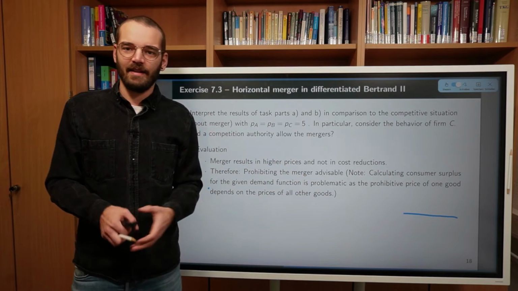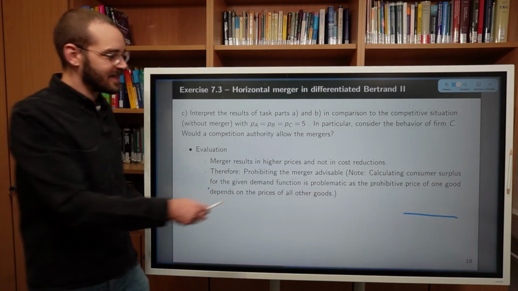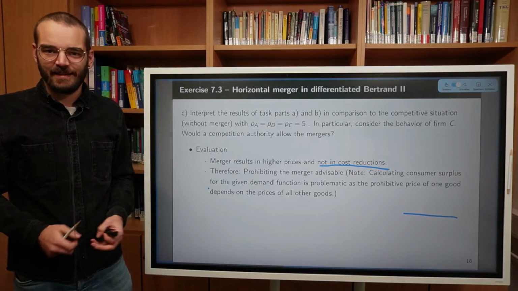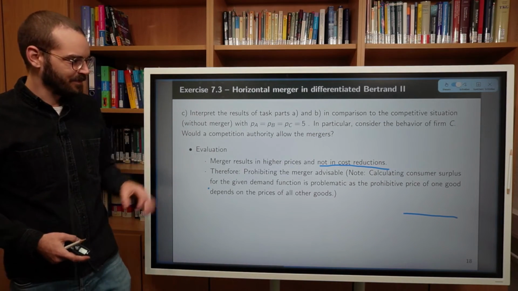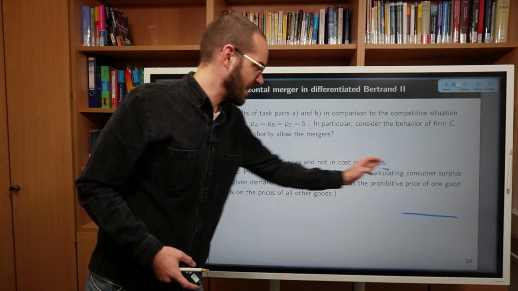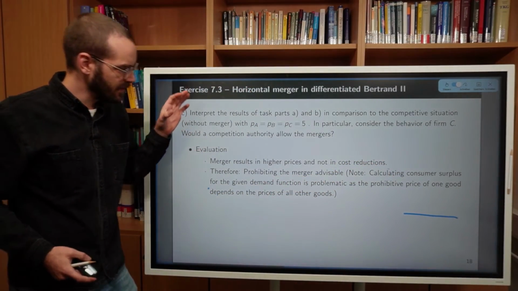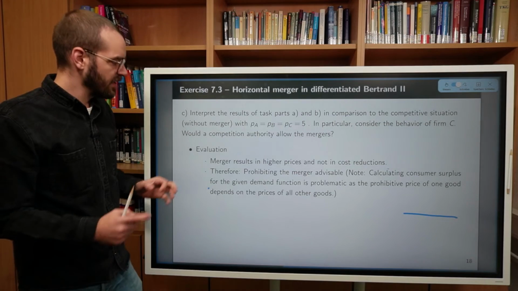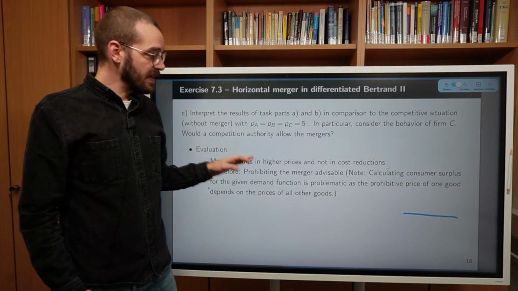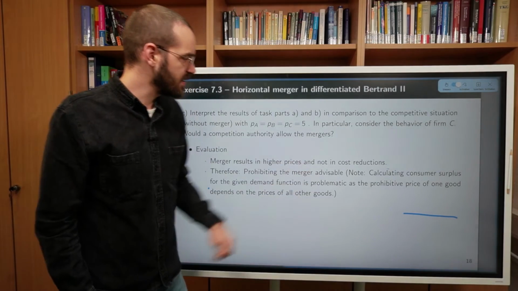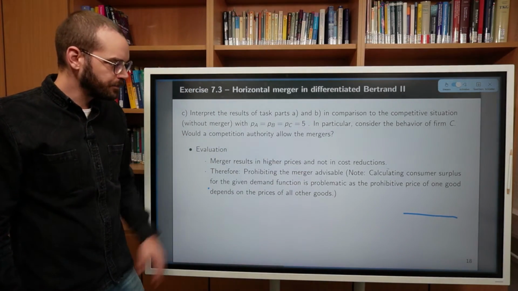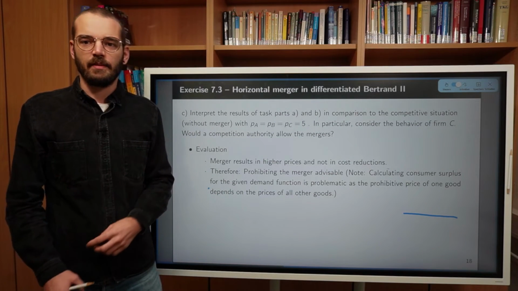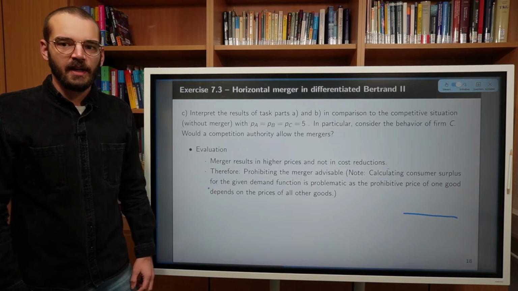That's not anything that comes out of the model, this missing cost reduction, but rather we assume that costs will stay the same, so that's a matter of assumption at this point. But given the situation we were looking at, we will have to state that prices increased while cost did not decrease. So in this scenario specifically, prohibiting the merger would be advisable.